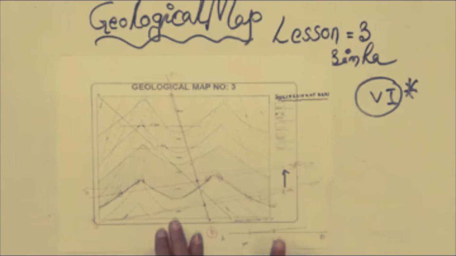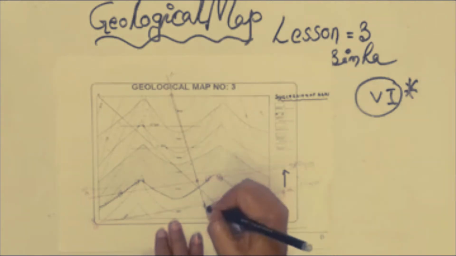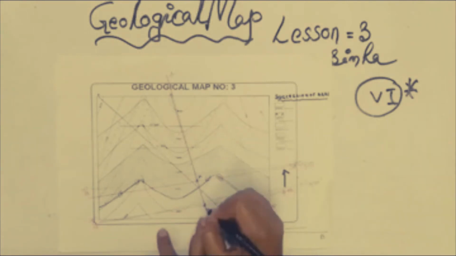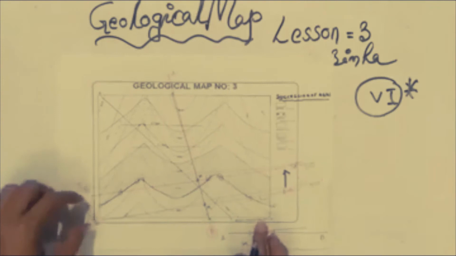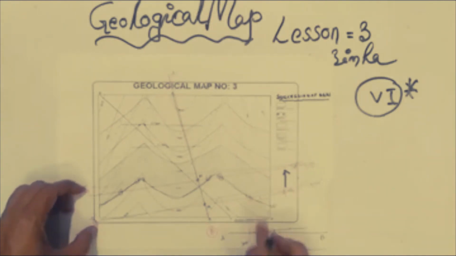Why is it called apparent dip? Suppose these are M and N. This is not the minimum distance between two consecutive strike lines. What will be the minimum distance?